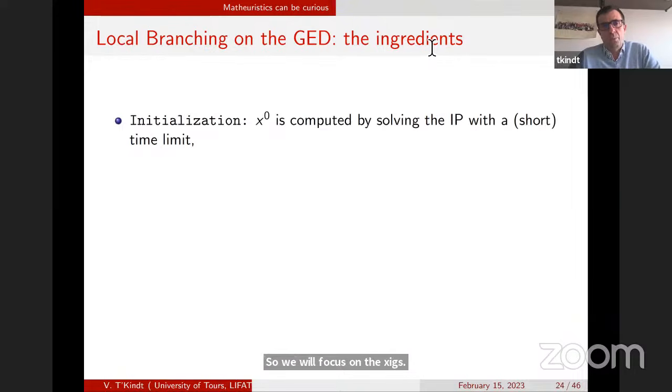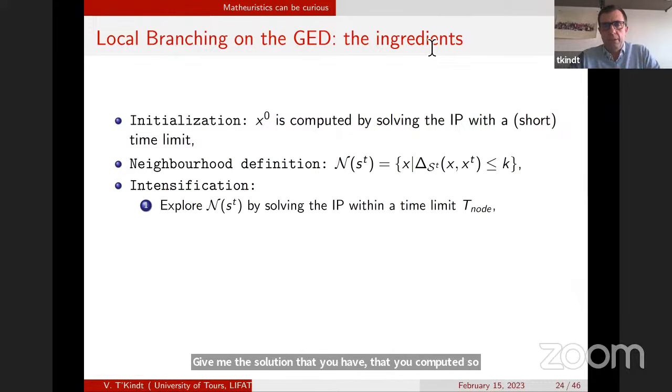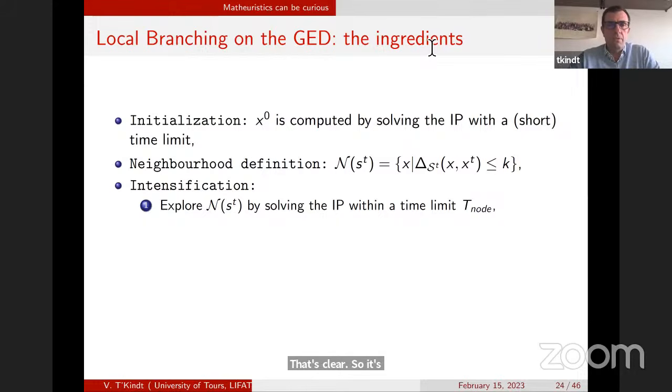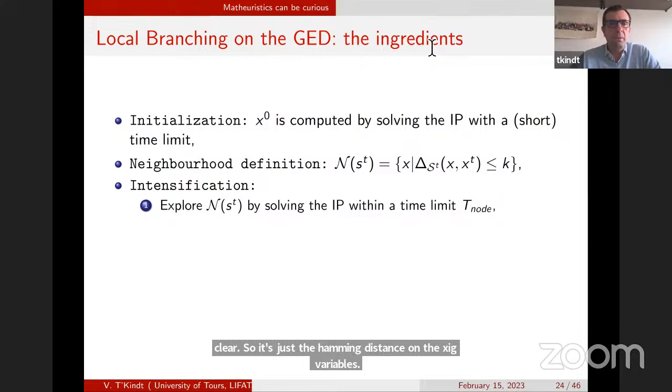To initialize the local branching, we solve the IP of Justice and Hero with a short time limit. We say, okay, solver, you have like 10 seconds, give me the solution that you have computed so far. Neighborhood definition, that's clear. It's just the Hamming distance on the x_ij variables. Intensification, we have the IP.